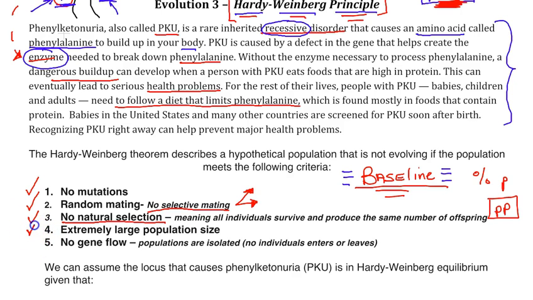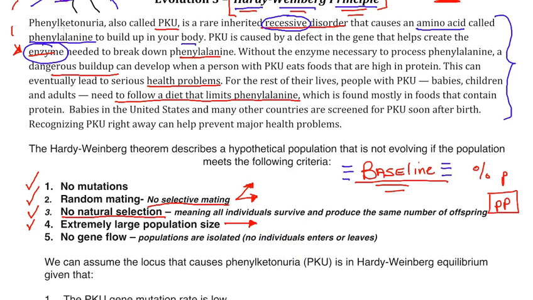No extreme, we have a very extremely large population. This is important. We're going to talk about something called genetic drift soon, but generally speaking, the larger the population, if a couple of people were to die naturally, it won't affect the percentages in the entire population. When you have a small population of a few individuals and just by chance a couple of them die, that could change the percentage of the alleles dramatically.